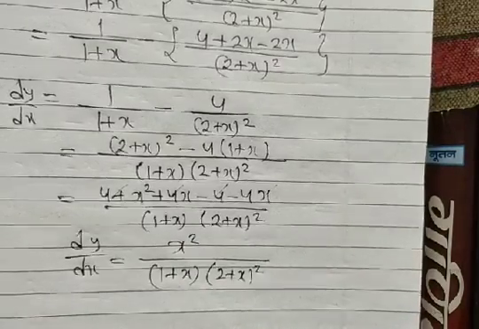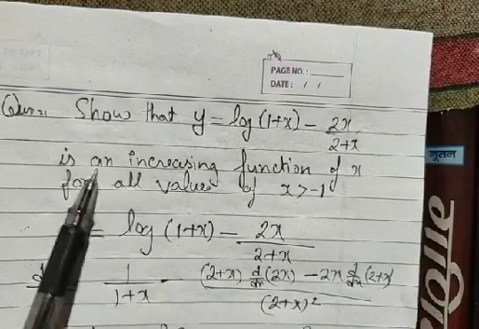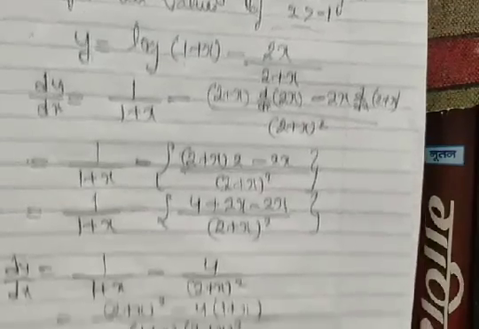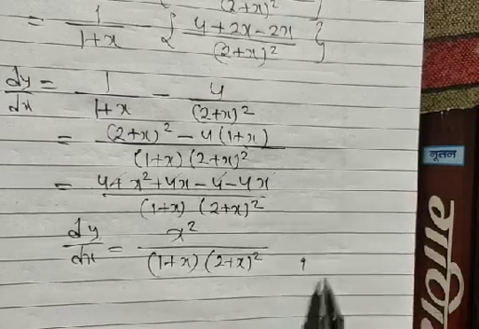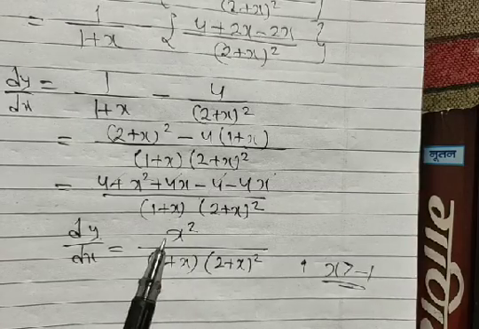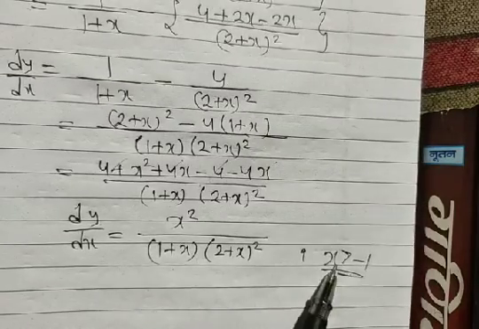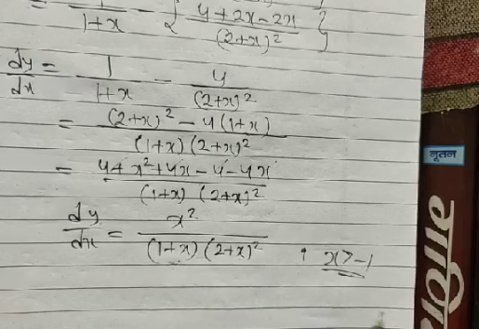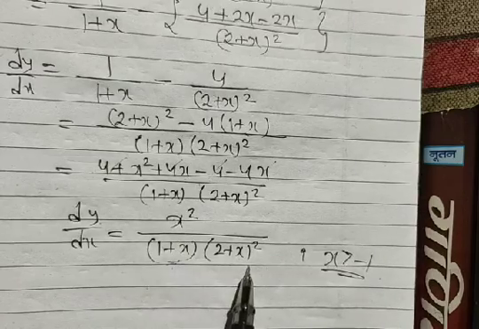Now let's see what our question is. We have to show that this given function is an increasing function of x for all values of x greater than -1. Look, x is greater than -1. Being x square, our numerator is positive here. Also when x is greater than -1, then 1 plus x is positive, and being a square, the other factor is positive. So numerator and denominator are both positive.